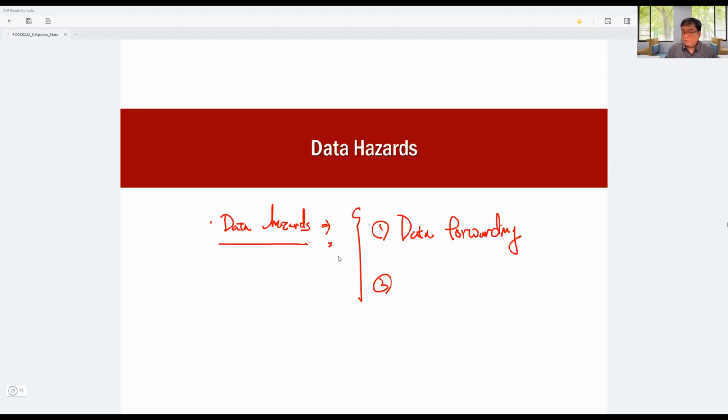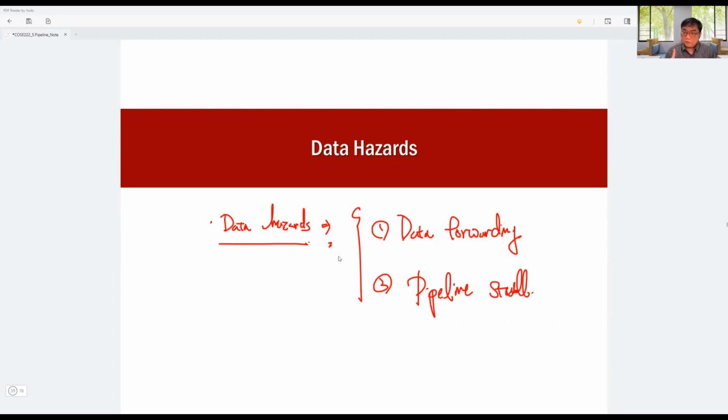And what's the second solution? The second solution is pipeline stall. With the load-use data hazard, we cannot avoid wasting one clock.